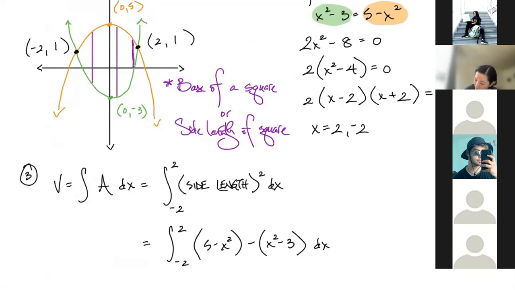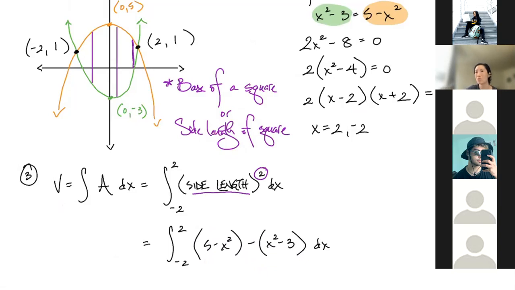This equation says side length squared. That's the area formula, side length squared. All you did is say, I want to find the side length, and then I'm going to integrate. That would give me the area, but I don't want area. I want volume, right?